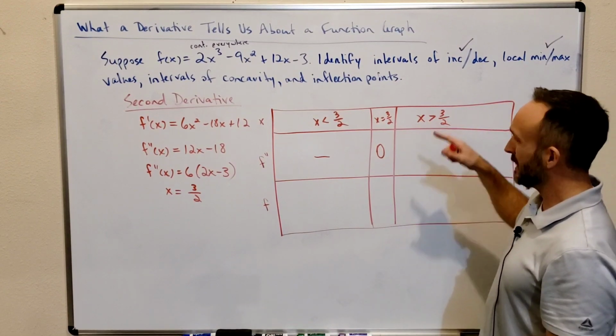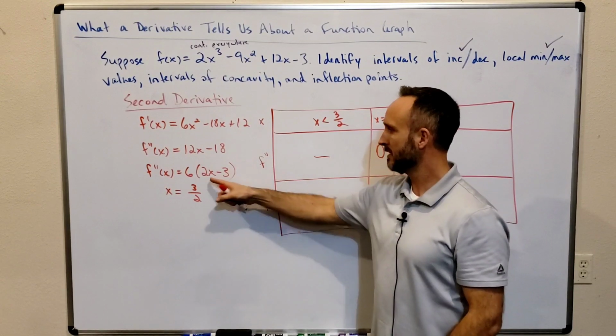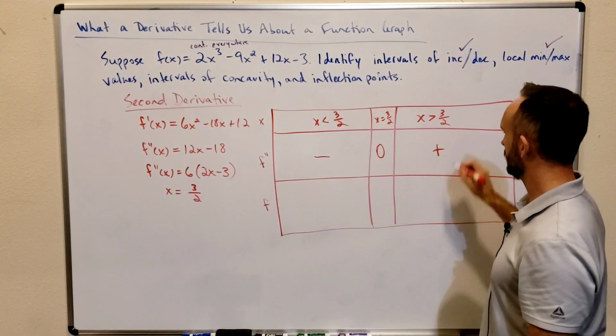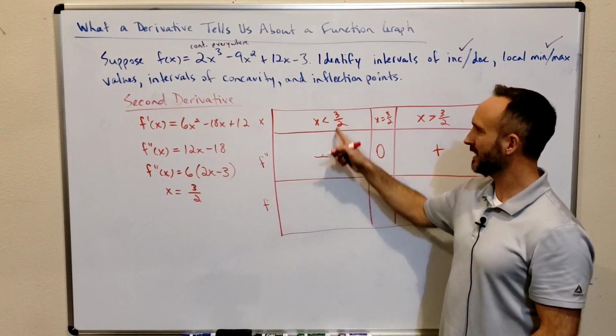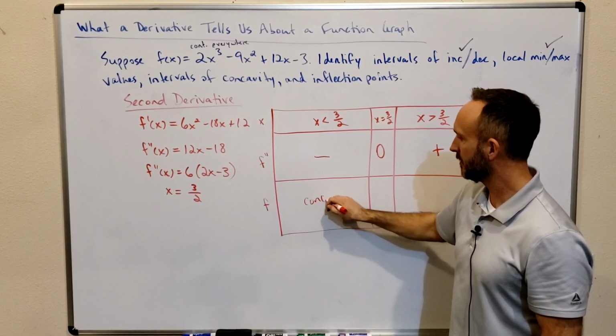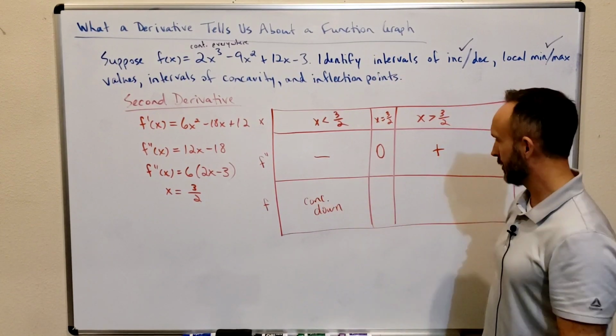Similarly, if I pick a number bigger than 3 halves and multiply it by 2, I get a number bigger than 3. Minus 3 is positive. 6 times a positive is positive. And so now, if f double prime is negative on an interval, then I know that f is concave down. It opens downward.